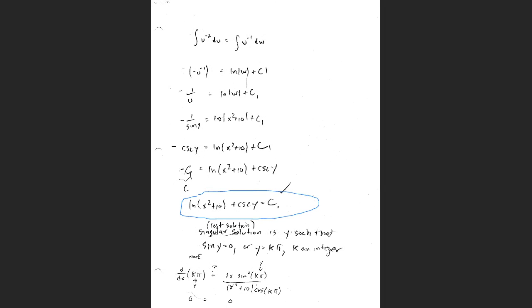But if we just look at the original differential equation, then k times pi is a solution. It's just like making a good guess on the original differential equation: k times pi, and it worked. It's a solution. It's just not a solution that's in the set of this implicit solution set. That's all.